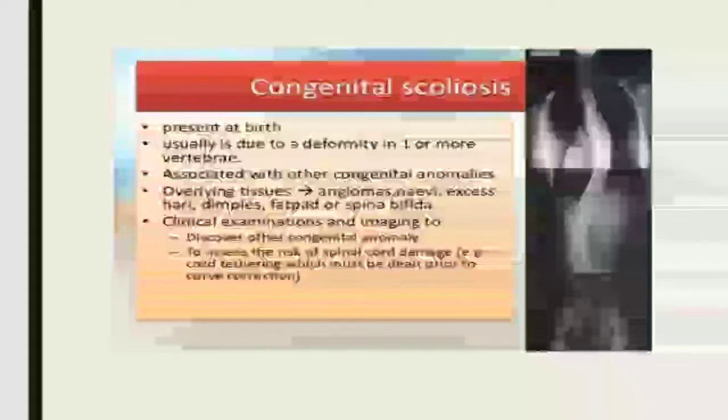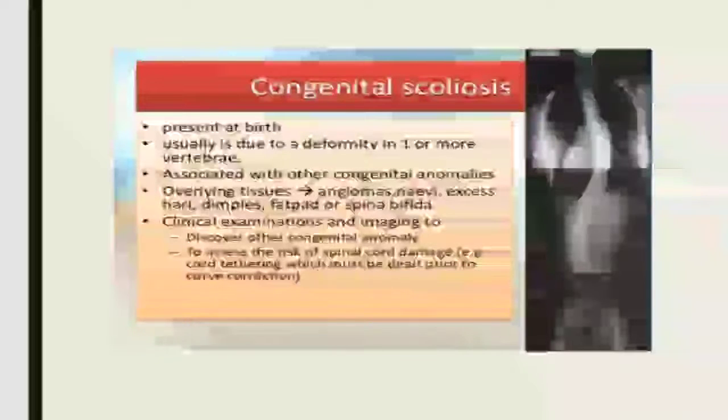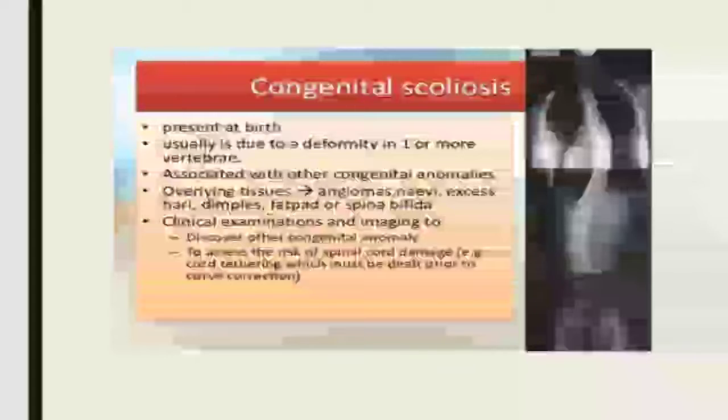Congenital scoliosis is present at birth, usually due to a deformity in one or more vertebrae, associated with other congenital anomalies. Look at the overlying tissues for angiomas, nevi, excess hair, dimples, fat pad, or spina bifida.